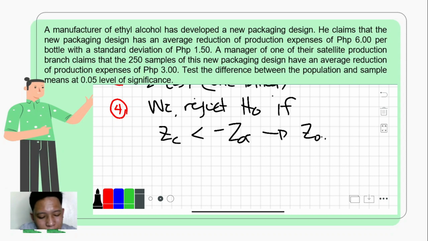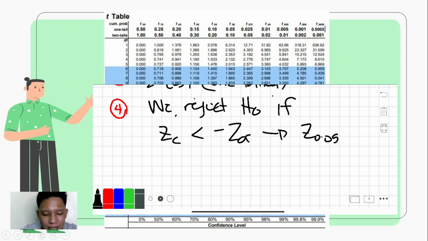And what is our alpha level? That is 0.05. Looking at our table, with alpha 0.05 and Z, that is 1.645. Positive or negative? Since this is less than, it should be negative. Our Z is negative 1.645, because it is only one tail.